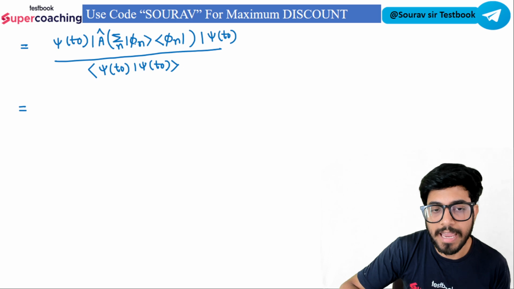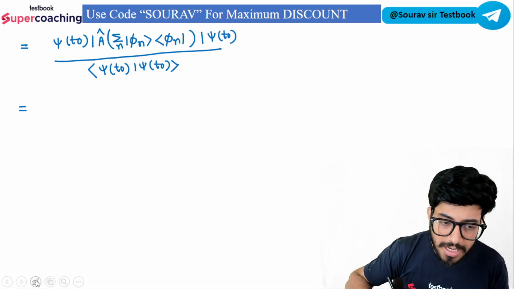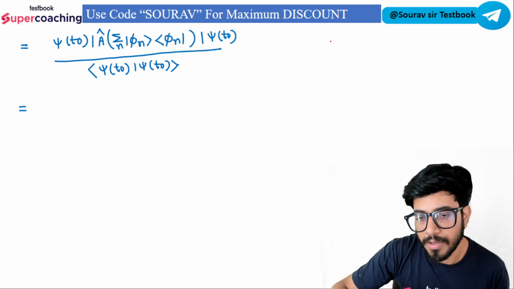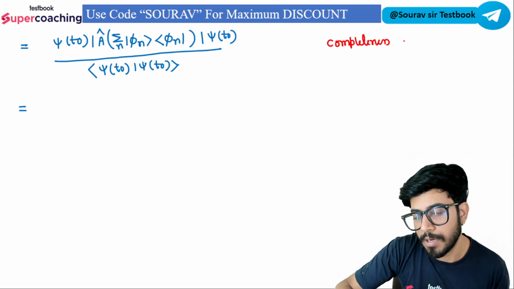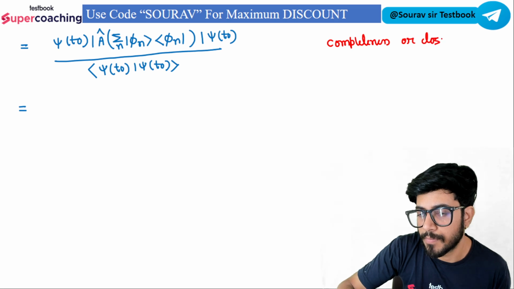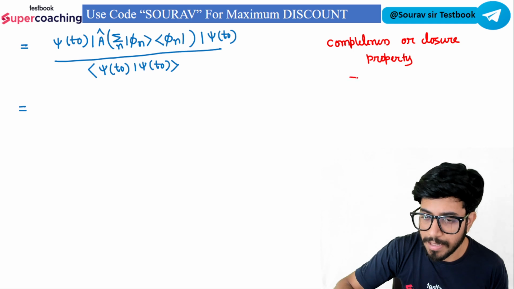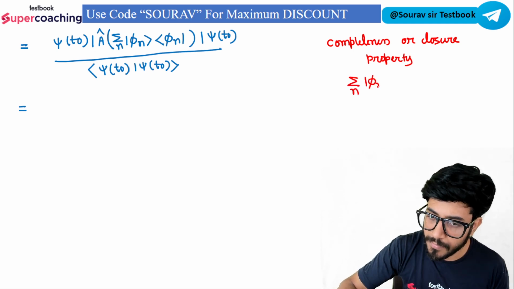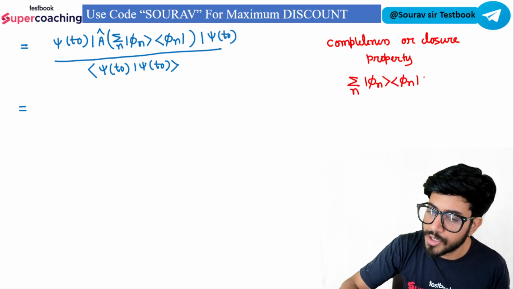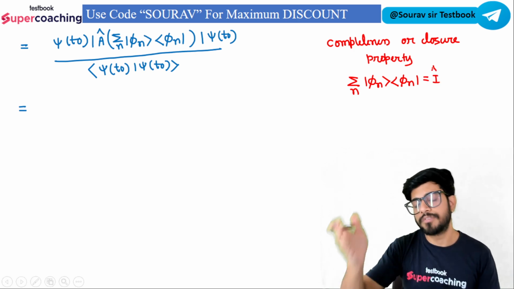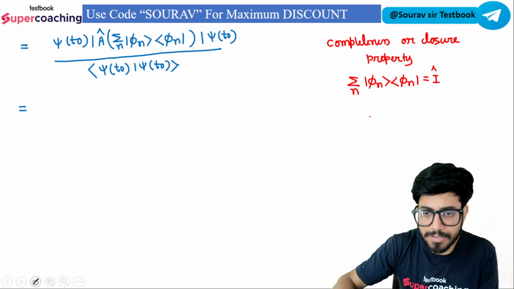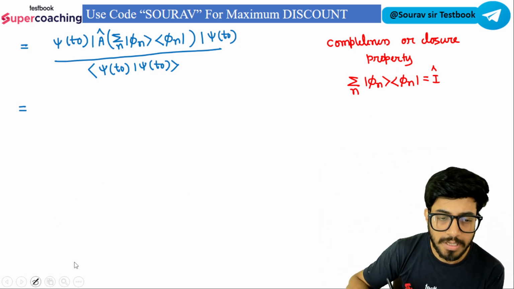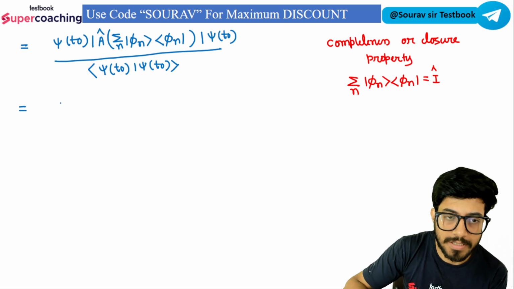Now the summation over n of phi n phi n is basically your I cap, from the completeness condition or closure property. That is, the summation over n of phi n phi n equals 1, because the eigenvectors of the Hermitian operator A cap form a complete orthonormal basis of the Hilbert space, so they must satisfy the completeness condition. So this is equal to I, and it is psi of t0 A cap psi of t0 divided by psi of t0 psi of t0.